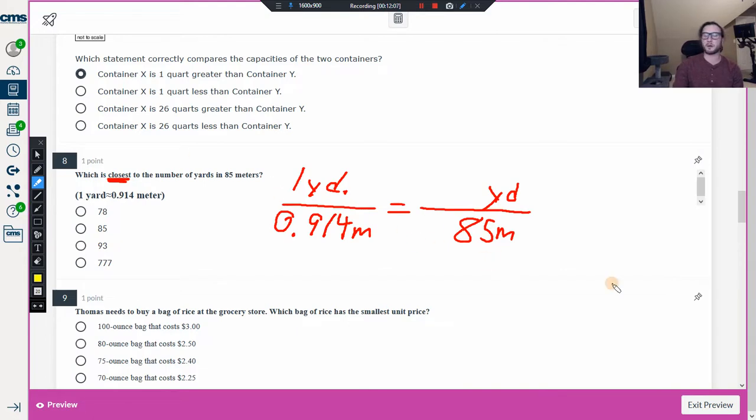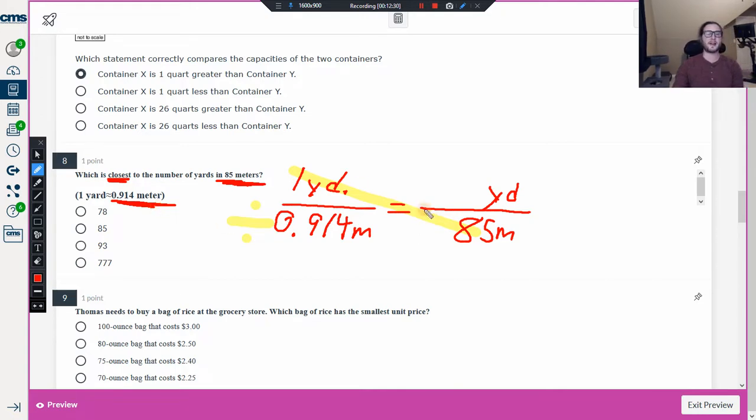This is just our equal proportions setup again. We could solve this one of 2 ways. We could either cross multiply and then divide, or you could have also simply done 85 meters divided by that many meters per yard. Both ways would work. They're going to functionally come out to be the same thing.